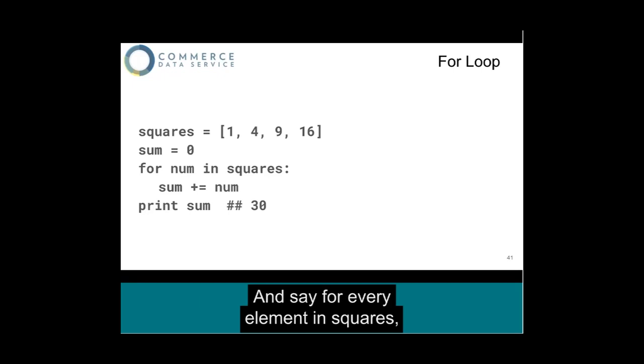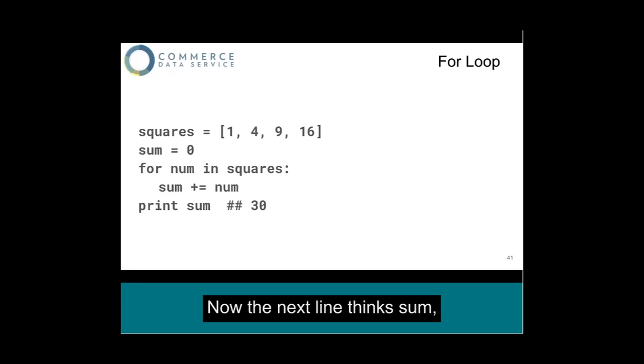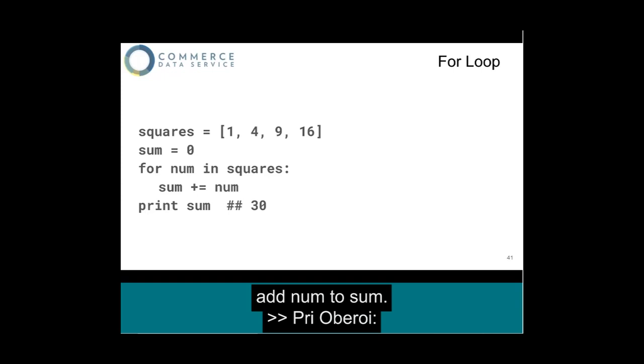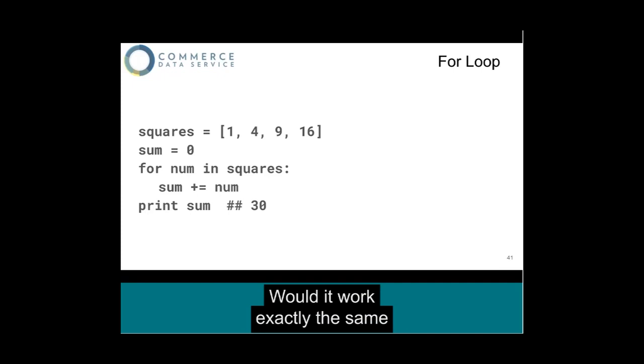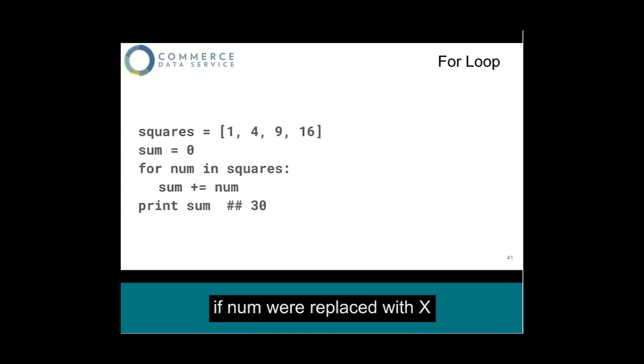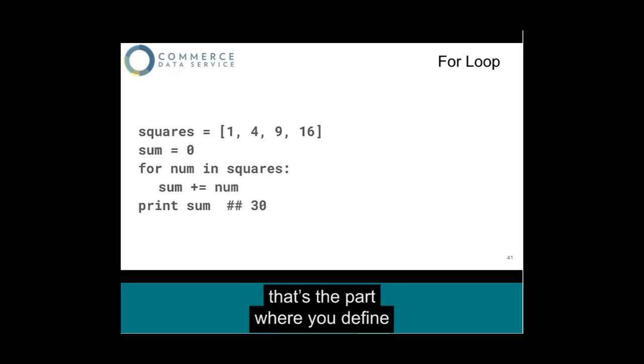It's saying for every element in squares, let's loop through it, and call that element num each time. Now the next line, sum plus equals num, is where we're saying each time we loop through, add num to sum. Would it work exactly the same if num were replaced with x or a or anything else? Anything. You can call it anything you want. So for num, that's the part where you define what you call the variable for each iteration.